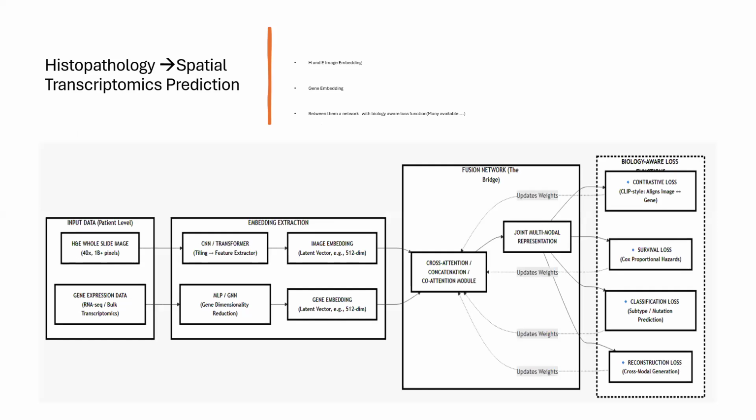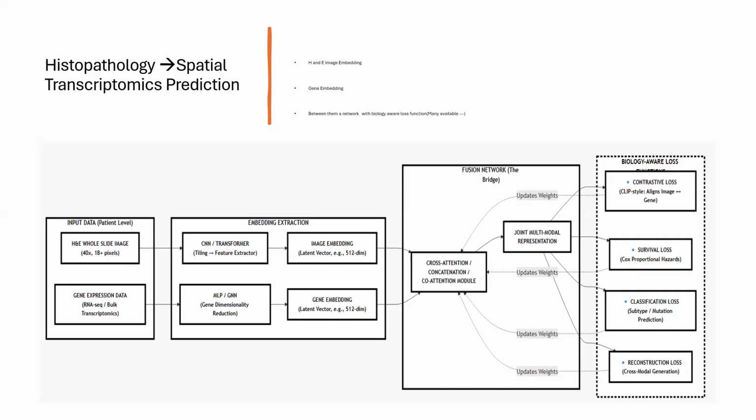So what is the connection? You have a whole slide image and gene expression data, you pass both through the network, you apply cross attention, and you get a joint representation.